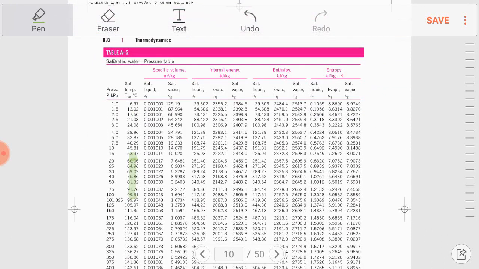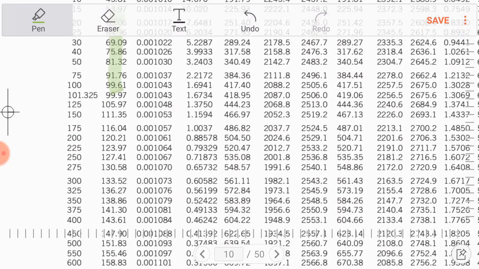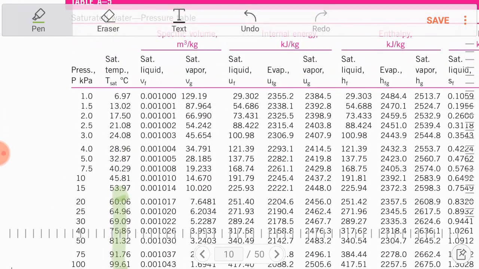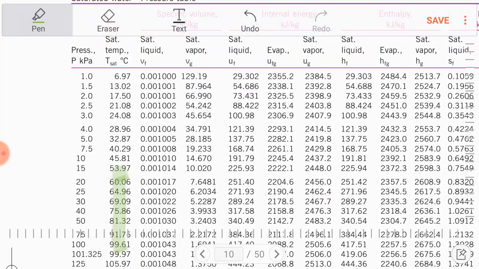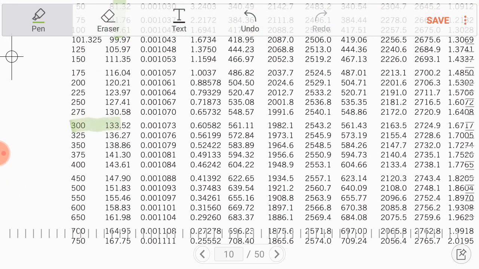So from the saturated water steam table A5, we can get the value of H1 initial. We are given the initial pressure, so we are looking at A5. If they had given us a temperature, we would find it in the A4 thermodynamic table. So along the 300 pressure, we get the initial enthalpy, that is Hg.